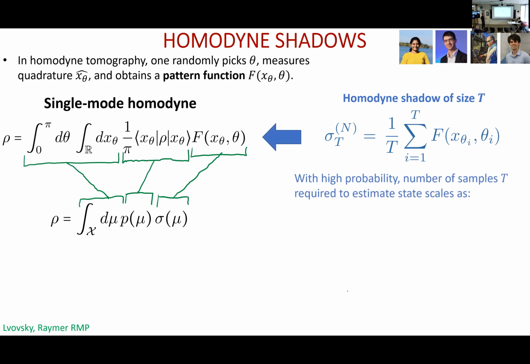And with high probability, the number of samples required to estimate the state, with the dimension being the number of photons in the space, scales polynomially as n to the 5th, and 1 over the square of the accuracy of the estimate. Okay, so this is just throwing statistics at the problem and showing that homodyne works this way.